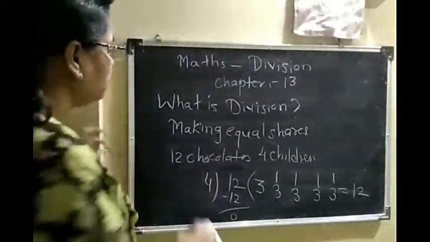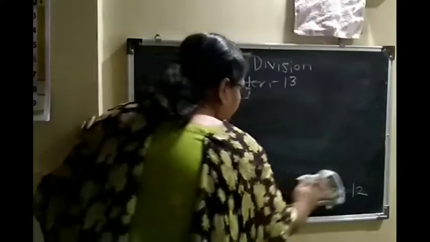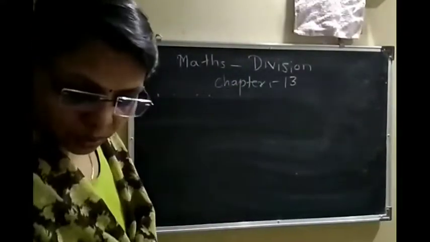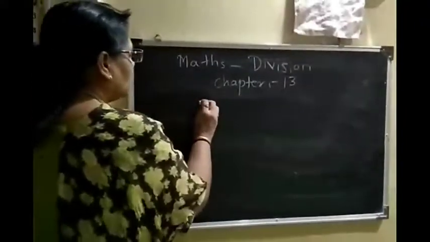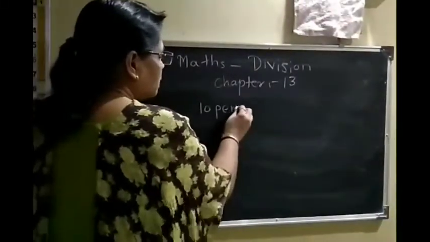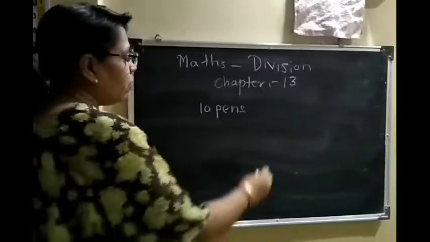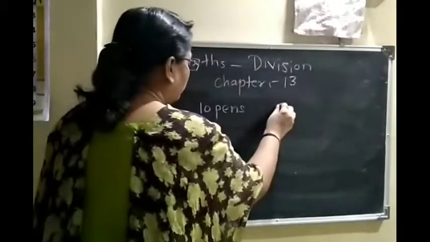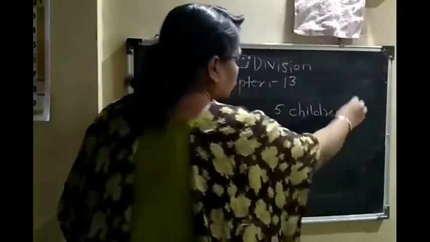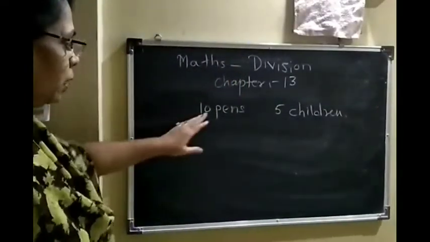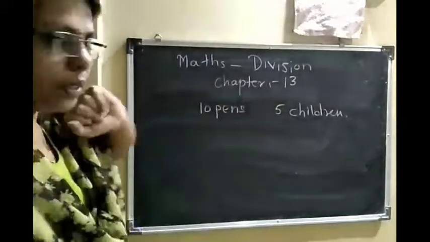This was an example. Now next, suppose there are 10 pens, and you have to distribute them among 5 children. How will you do that? 10 pens are there, 5 children are there.